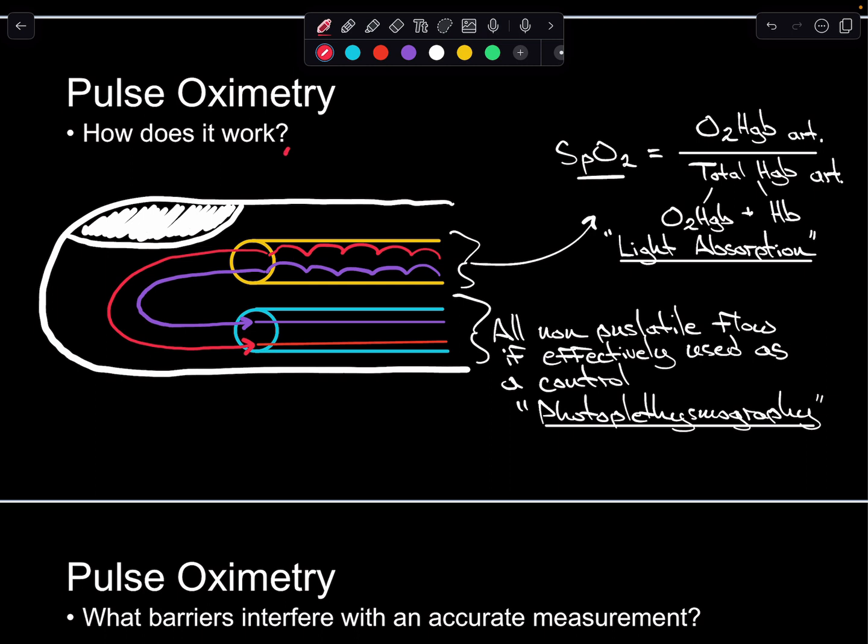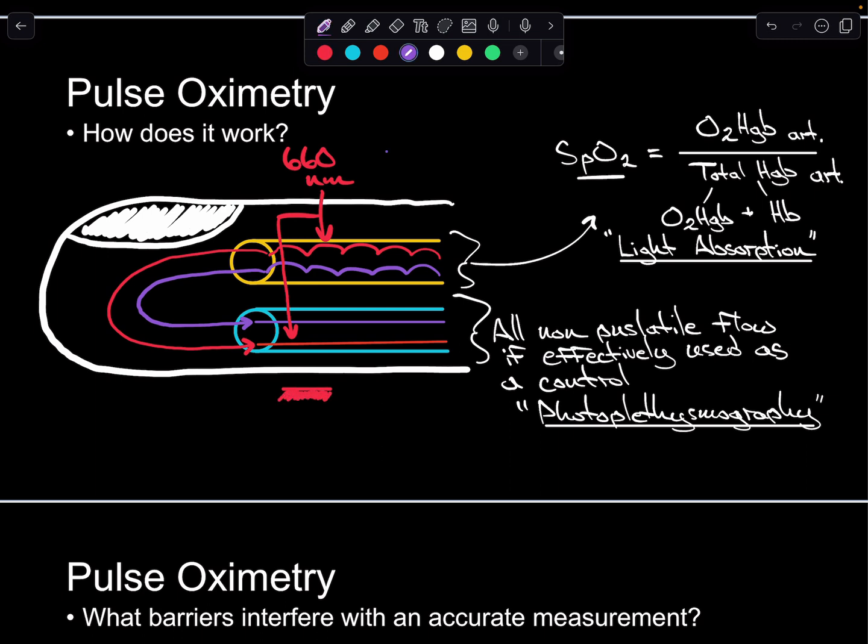emission source that sends out 660 nanometers of light, and then it fires that down through the finger that's within the clip, and then there's a detection source down here at the bottom.